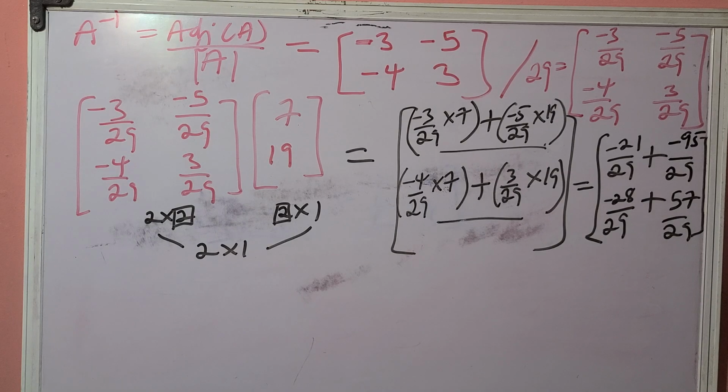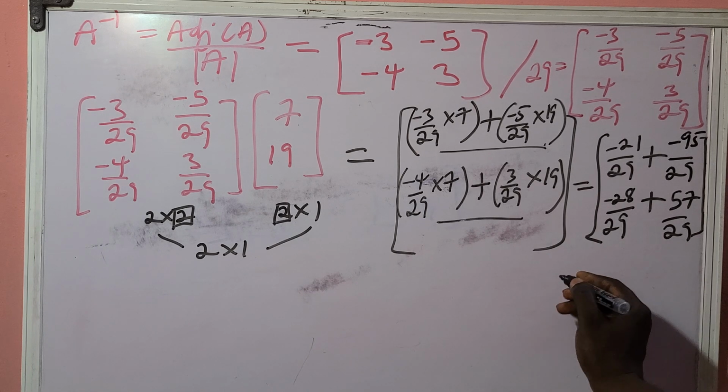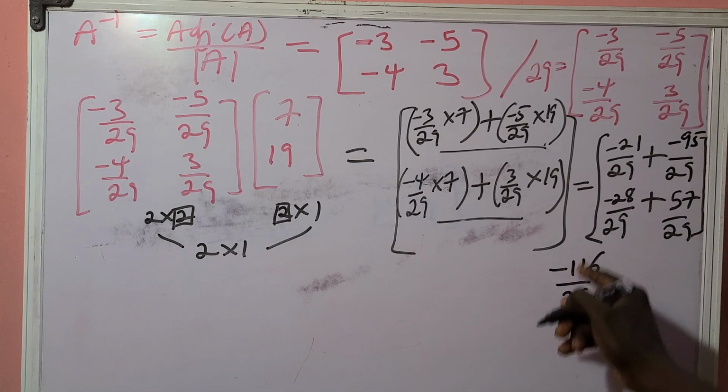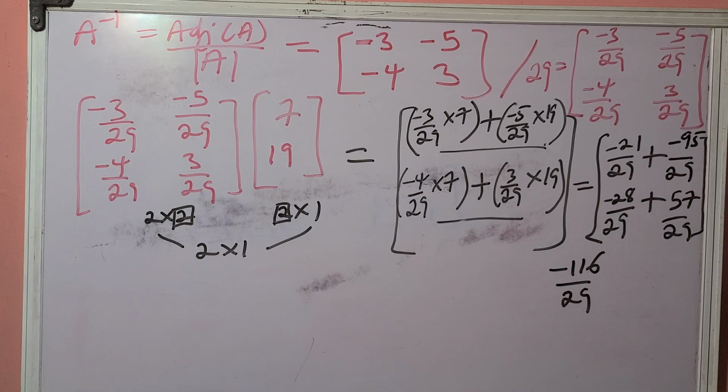Okay, so we go on to solving this. That will be 116 minus 116 over 29 as the first one. And we have 57 minus 28. That will be 29 over 29.